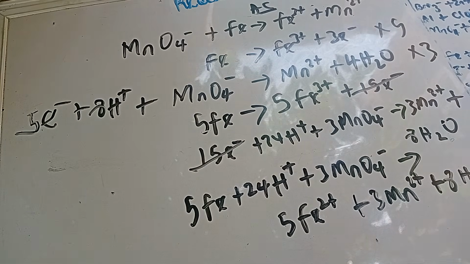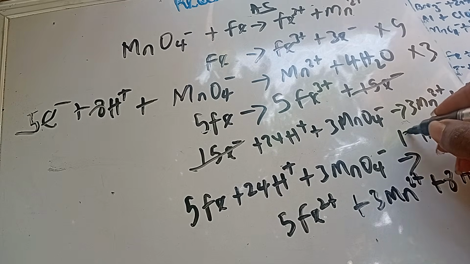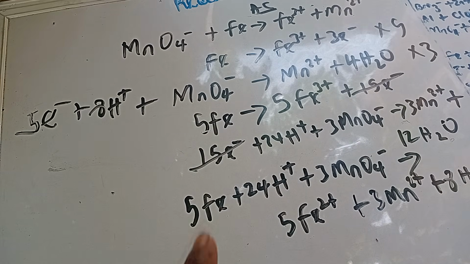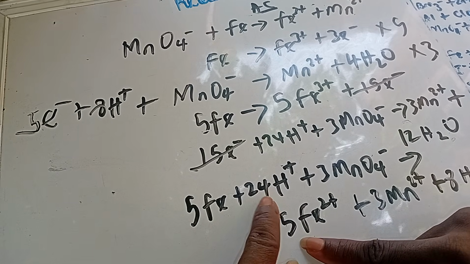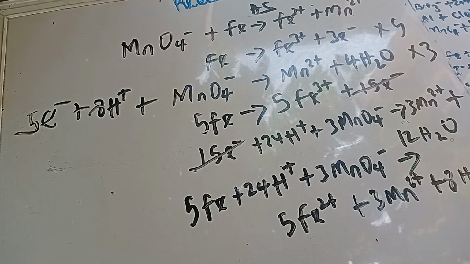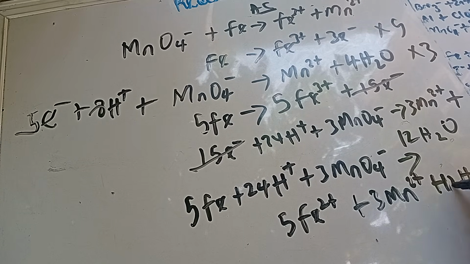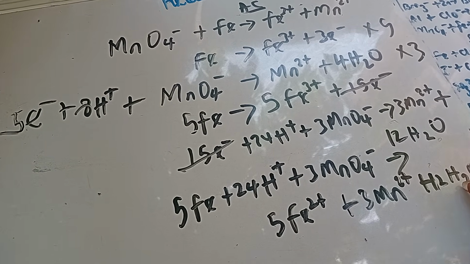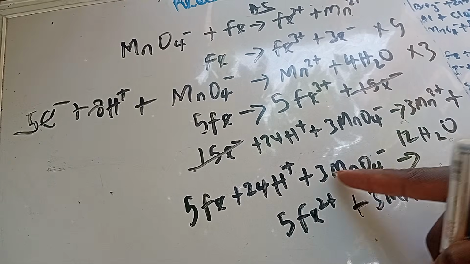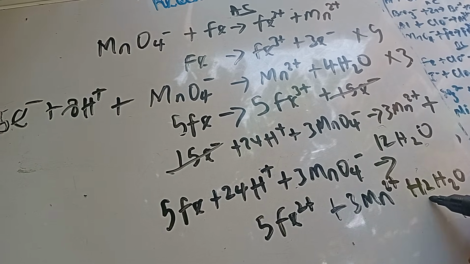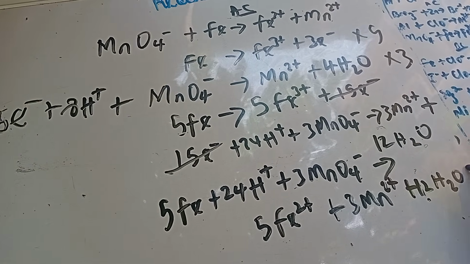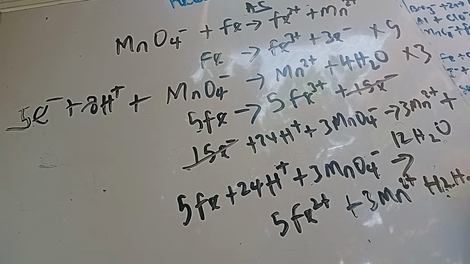Thank God, so it's balanced. 12 times 2 is 24, 24 hydrogen. 3 manganese, 3 manganese. 3 times 4, 12 oxygen, 12 oxygen as well.